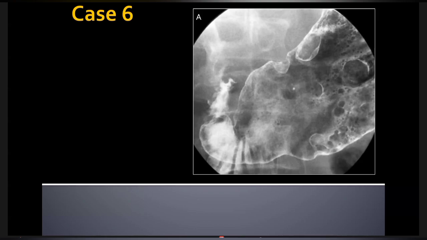Absolutely agree with you. Tell me, what features on fluoroscopic studies do you look for with ulcers? What makes you know something is an ulcer? Filling defect with the ulcer crater. Yes, filling defect with some ulcer crater and the contrast within it.